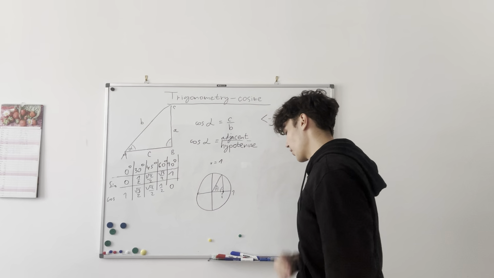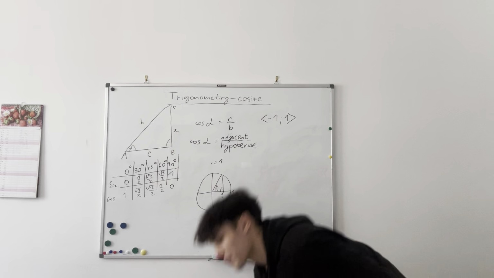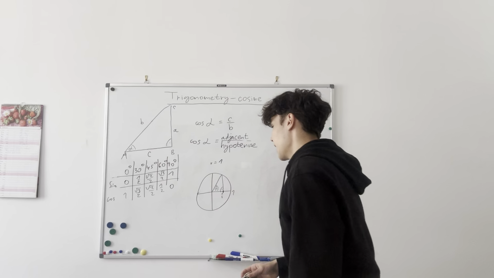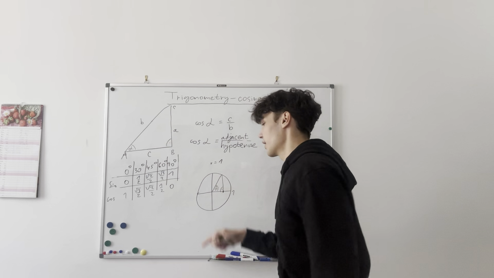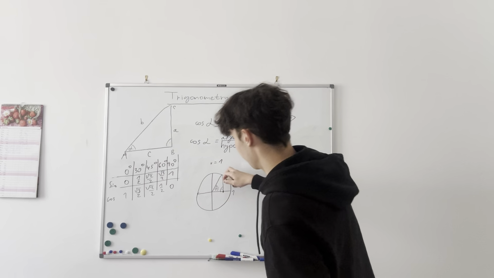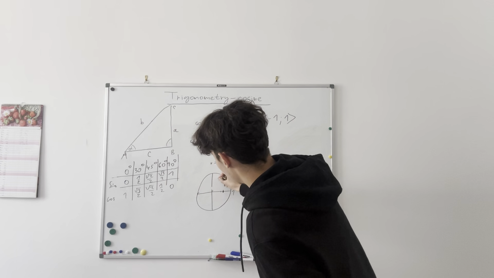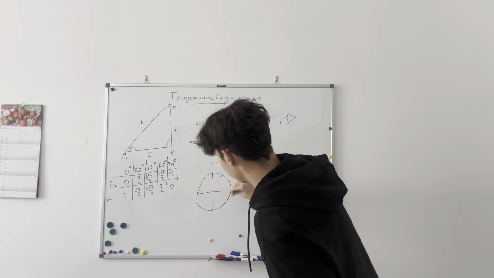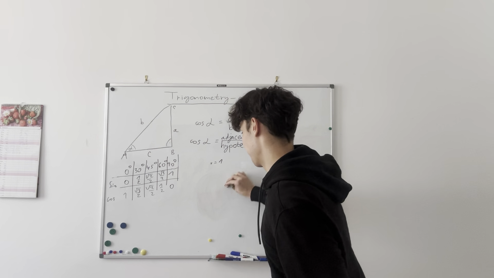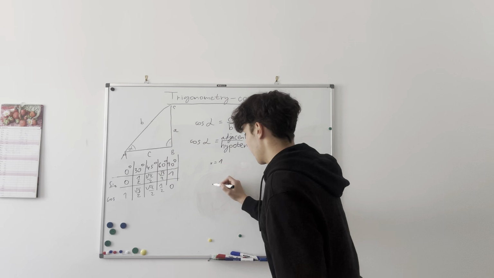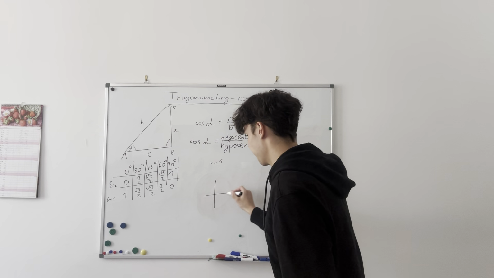The graph of cosine comes from the unit circle as well, and it works exactly the same way. I'm going to draw the unit circle once again.